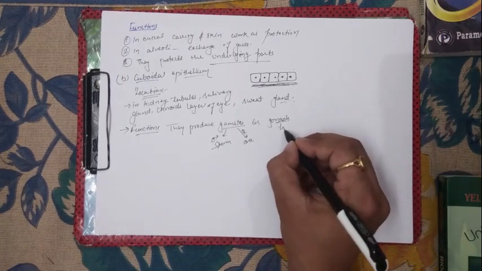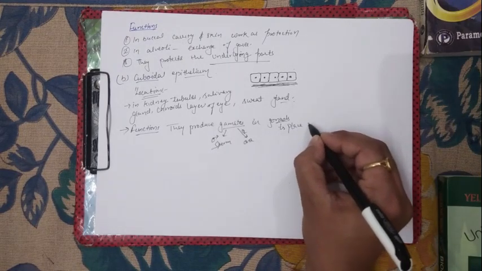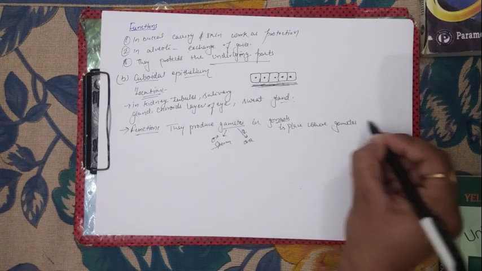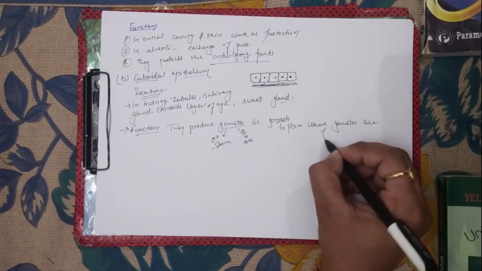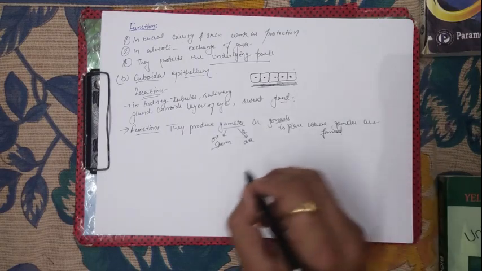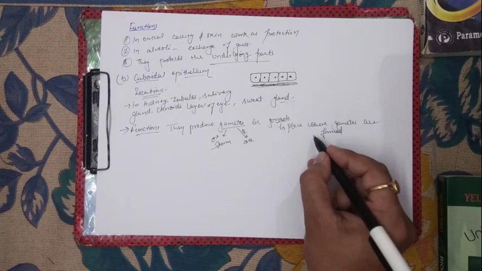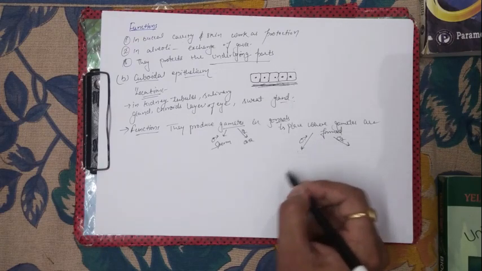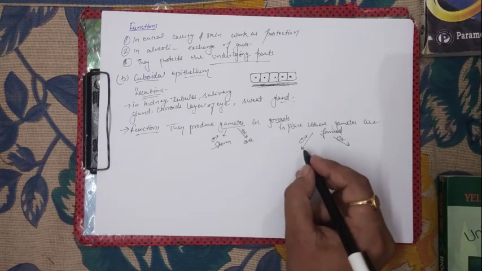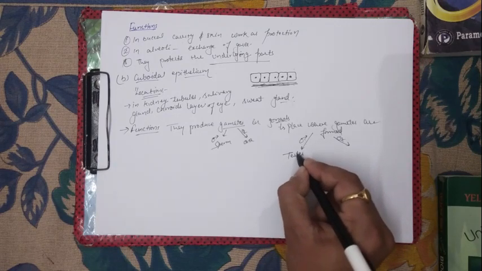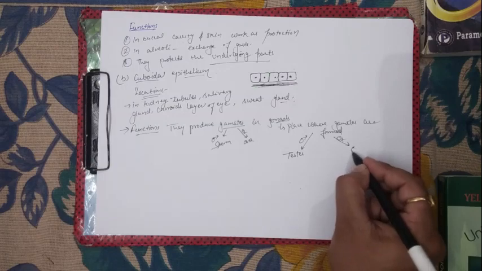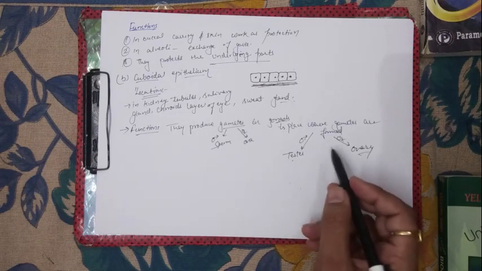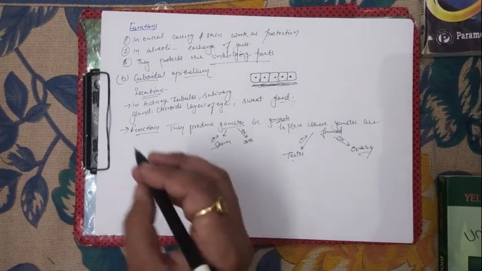Gonads means the place where gametes are formed. Male gametes are formed in the testes and female gametes are formed in the ovary. So the male gonad is the testes and the female gonad is the ovary.